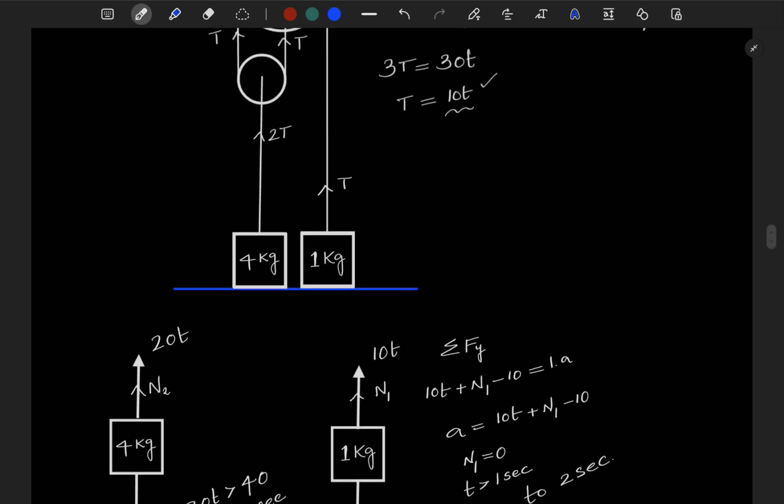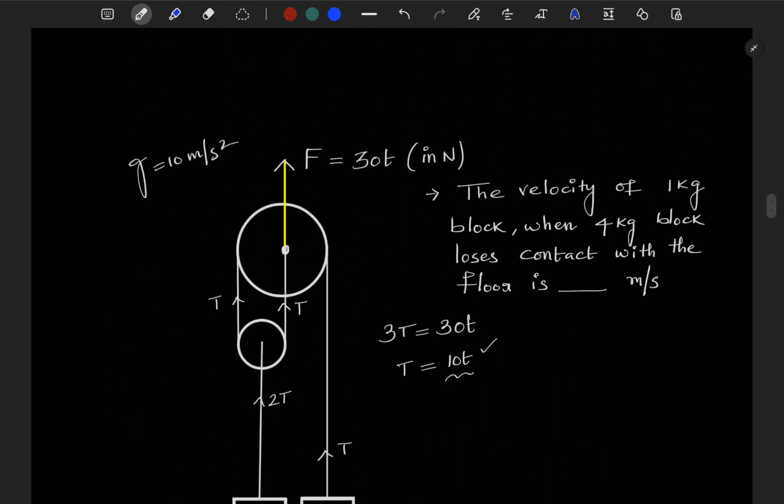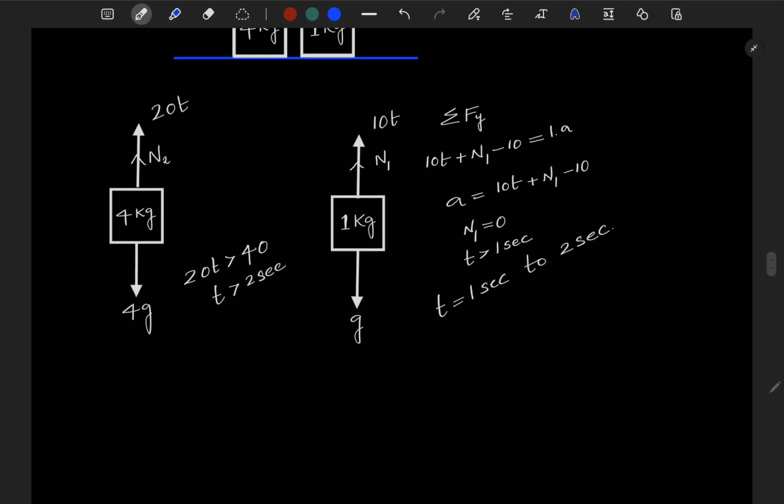So now our question is to find out the velocity of the 1 kg block when the 4 kg block loses contact with the floor. So when does the 4 kg block lose contact with the floor? At t equal to 2 seconds. And the motion of the 1 kg starts at t equal to 1 second. So we're supposed to find out the speed gained by the 1 kg from 1 second to 2 seconds.